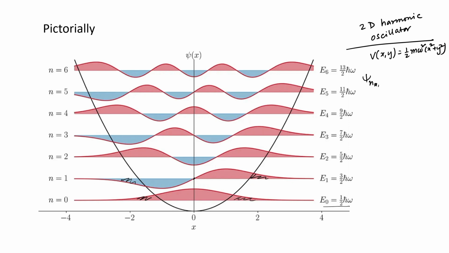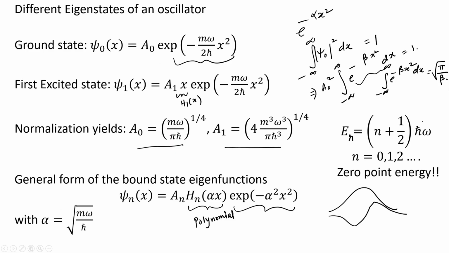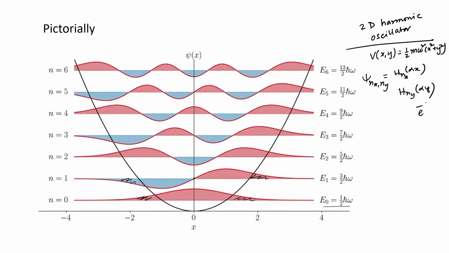What we have is psi n_x n_y, no longer just a single quantum number, but 2 quantum numbers, and this will be like H n_x of alpha x and H n_y of alpha y, and then of course, this exponential minus alpha square x square plus y square. Let me write it keeping the notations there.